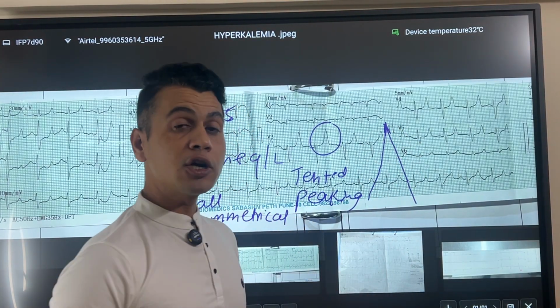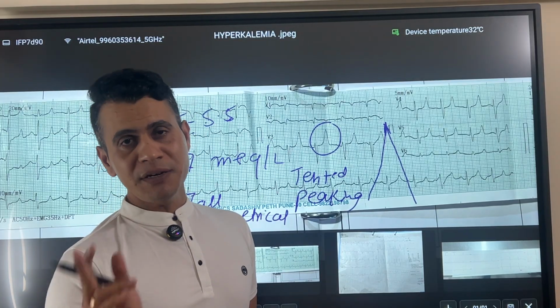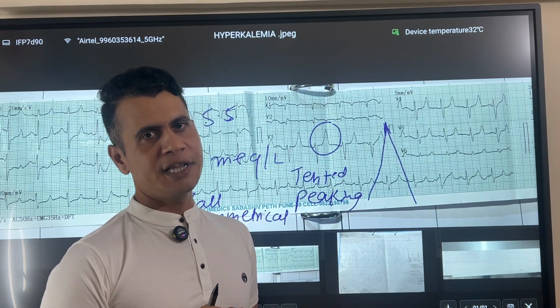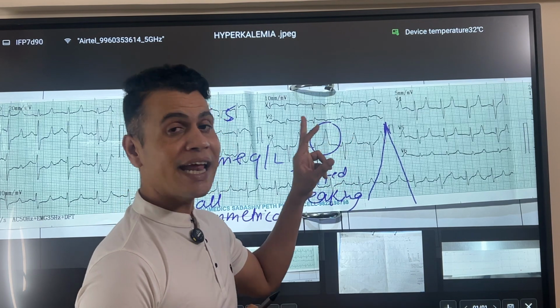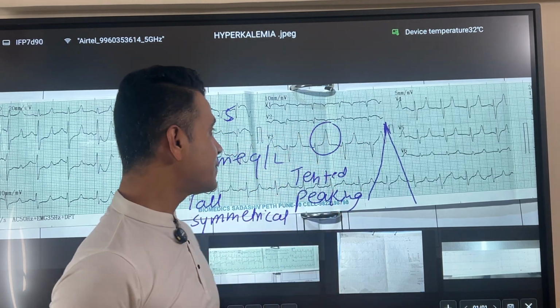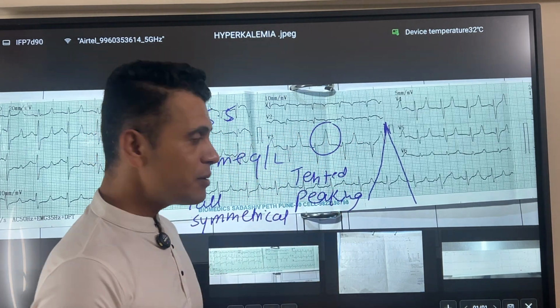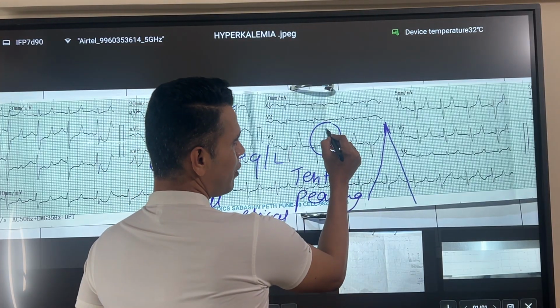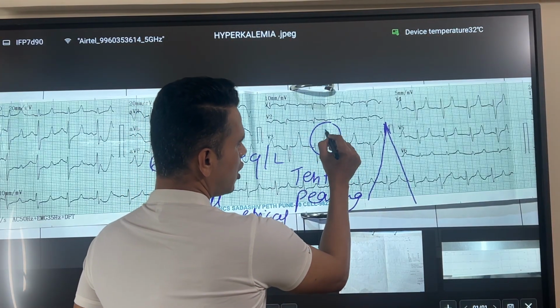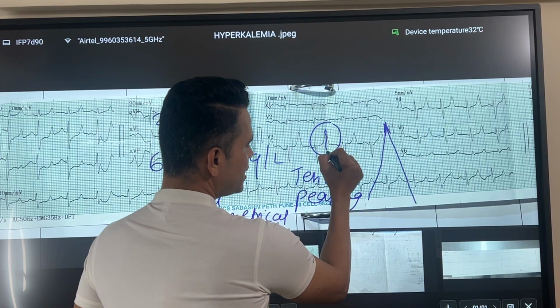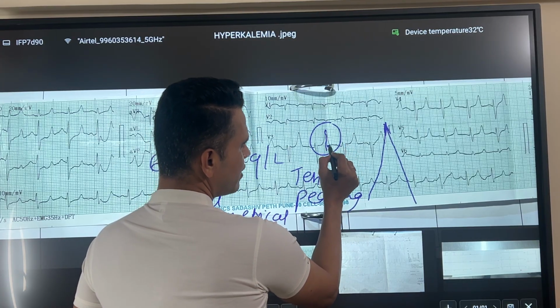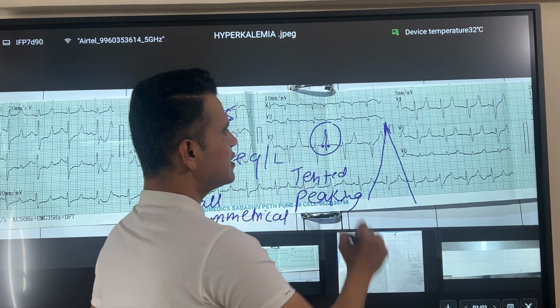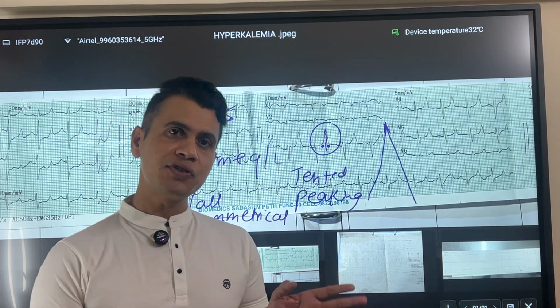The tip is not dome shaped, and a dome shaped T wave is a feature of a normal T wave. But here we can see it is tenting. It is becoming arrow-like. Symmetrical. How do we know it is symmetrical? Just take the tip of this T wave and draw a perpendicular. We see two boxes here and two boxes here. This is what we mean by a symmetrical T wave.